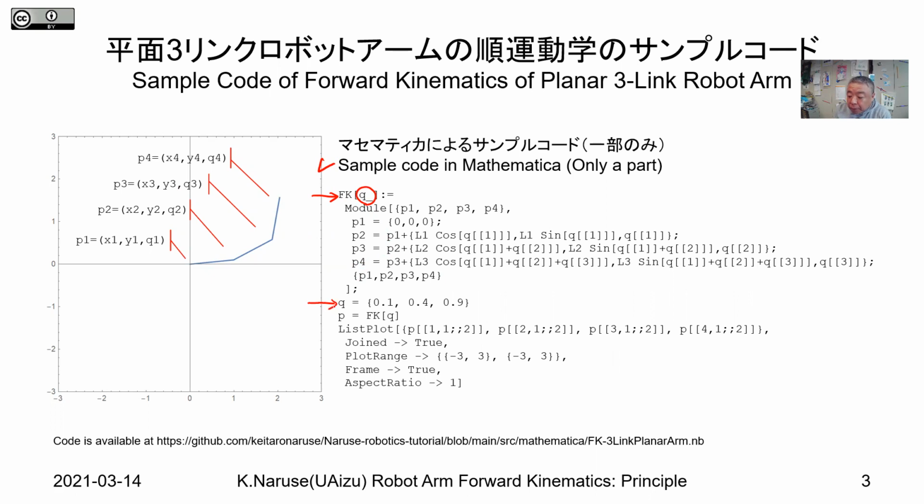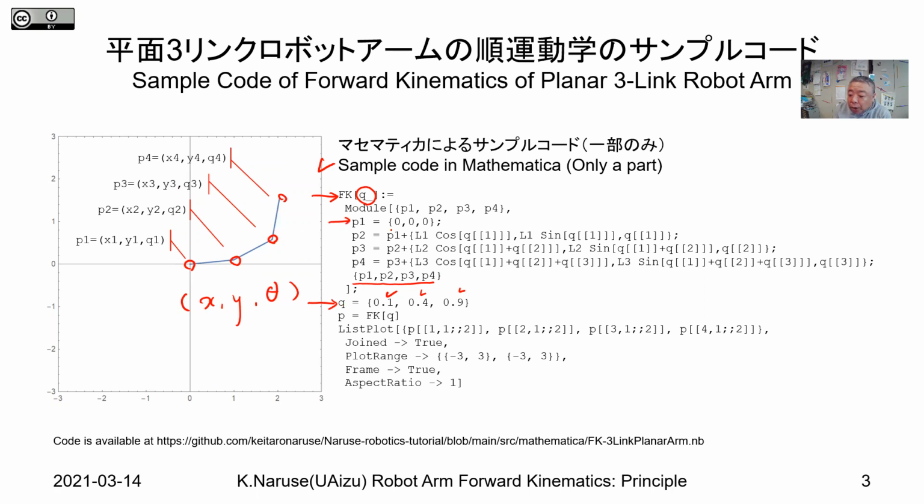It is a vector of the three joint angles theta sub 1, theta sub 2, theta sub 3, and it returns the 4 points P1, P2, P3, and P4. And each of the points is represented by a three component vector, like the x, y, and theta.